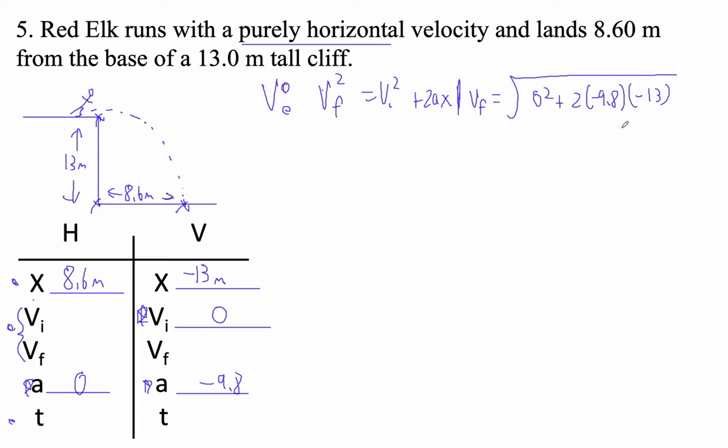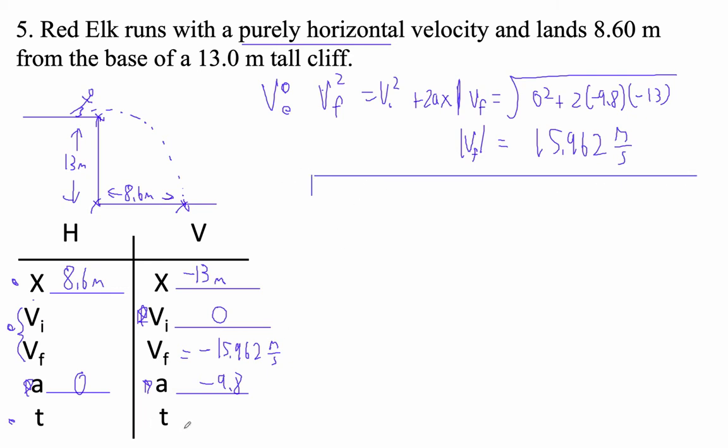This is 15.962 meters per second. The absolute value of VF is that. Of course, it's going to be negative 15.962. We have to put a minus sign on there because it's going down, and the calculator won't do that for you. It's the one case where it won't.